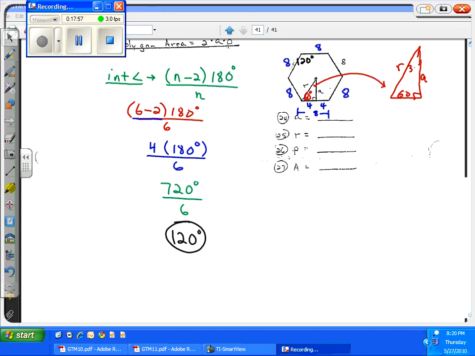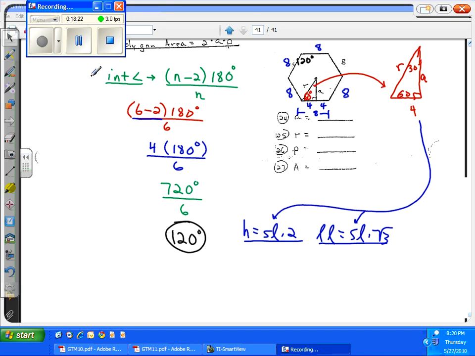This angle is 60, this angle is 30, and the short leg is 4. So we're going to use our 30-60-90 triangle formulas. Hypotenuse equals short leg times 2, and long leg is equal to short leg times the square root of 3. Now we know the short leg is 4, so we can plug it in. The hypotenuse, which is the radius, is equal to the short leg, which is 4, times 2, so the radius is 8.